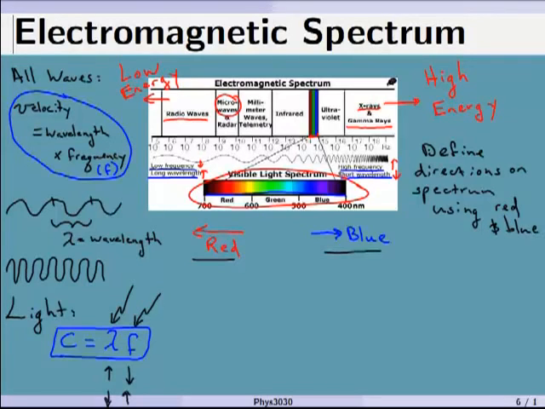Okay, so if I move to the right, and let me tell you that if you just look up a random picture of the electromagnetic spectrum, it might totally just be flipped.